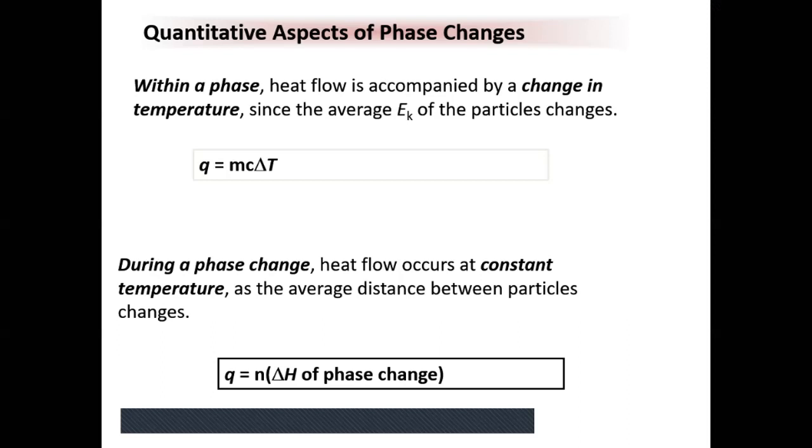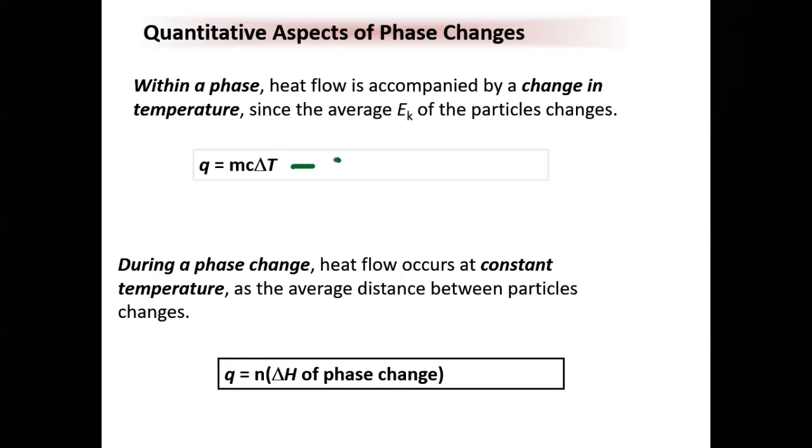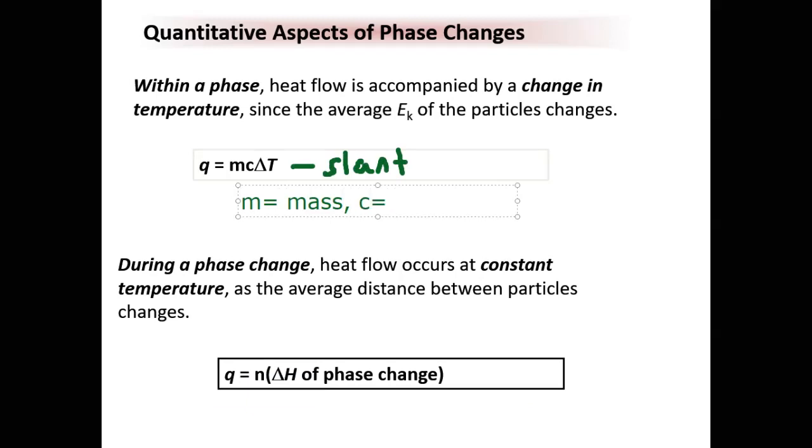If we are in a phase, on a slant on the graph, we use Q equals MC delta T. This should sound a little bit familiar; you used it in CP1, where M is the mass, C is the specific heat, and it's dependent on the phase.